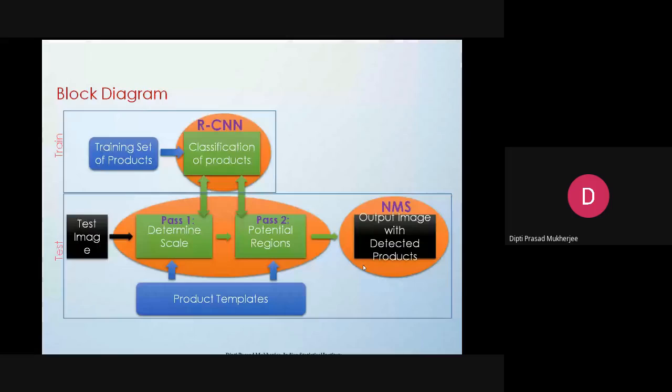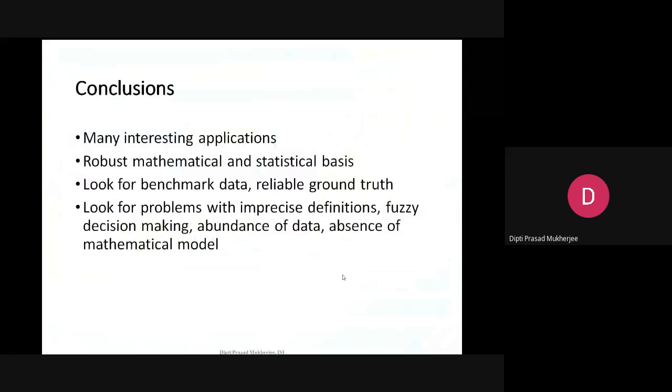We have patents on these problems, and we have working systems in the TCS product line. Just look around and you'll find the problems. Many interesting applications, lots of benchmark data.